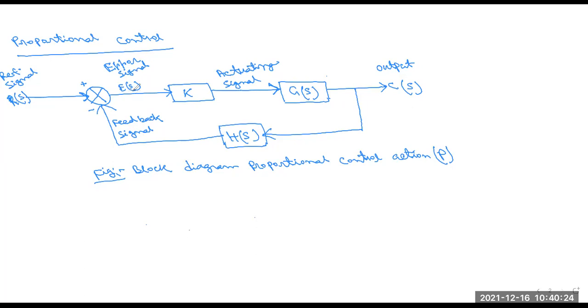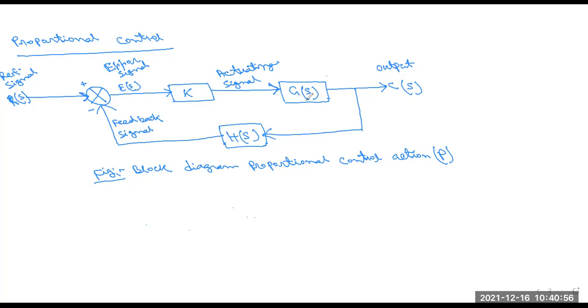We know that this error signal is the difference between the reference input signal and the feedback signal. This is the control action, a constant proportional control, K, and it sends a signal which is basically the actuating signal. This actuating signal is proportional to the error signal.